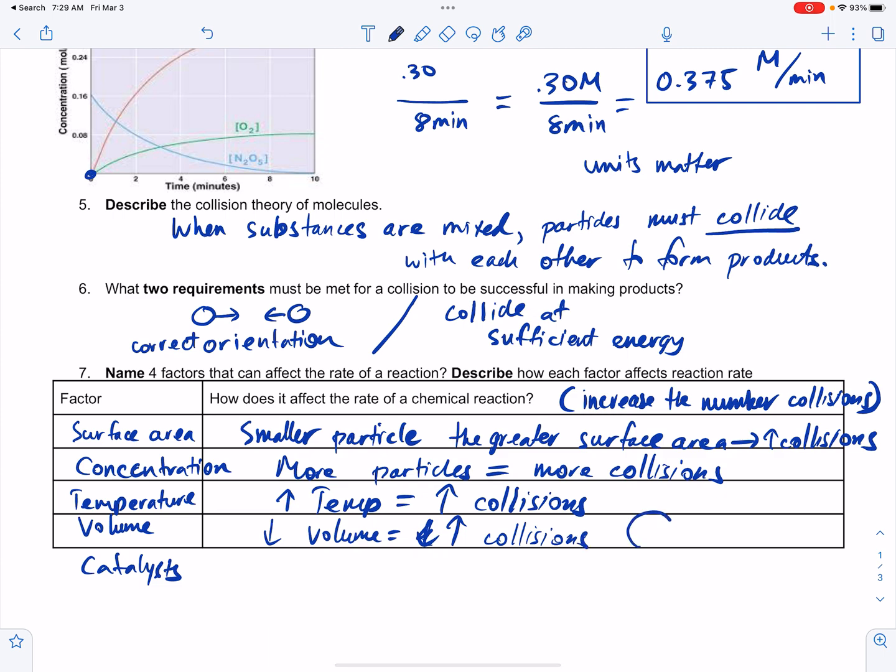Think of a balloon. And the catalyst doesn't change. It helps with the rate of reaction. It helps reorient particles, plus it lowers the activation energy. It makes it easier to get started.